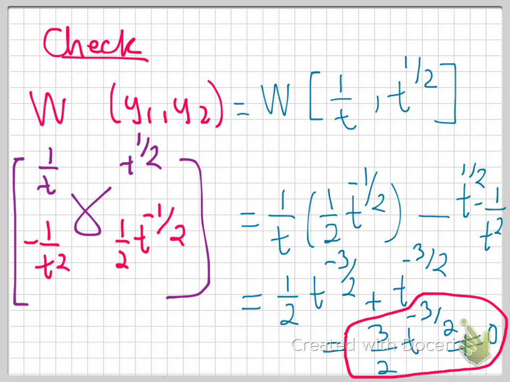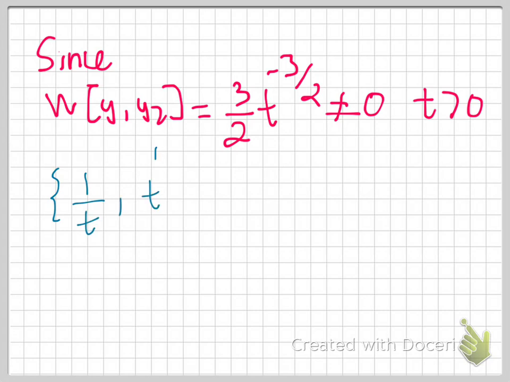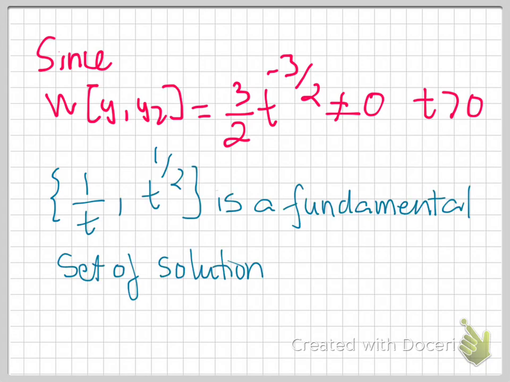The result is (3/2) t^(-3/2). This is a power function and when t is positive, this number is always positive, so it is always non-zero. Since it's always non-zero, we can conclude that y1 and y2 form a fundamental set of solutions.